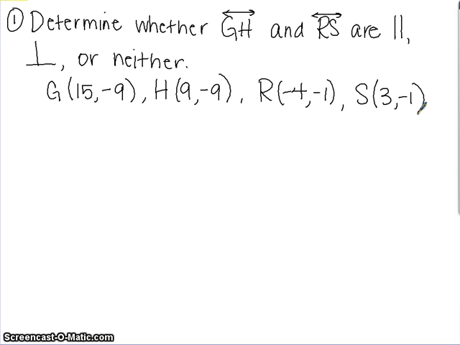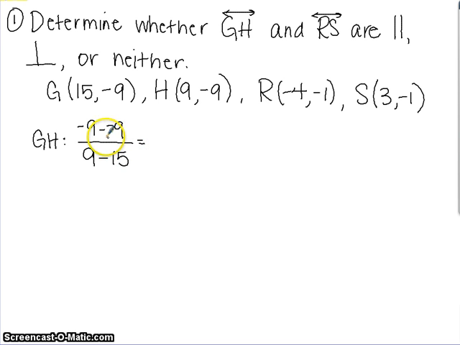Okay, so what we're going to do is compare their slopes and see what we get. If they're the same, we know they're parallel. If they're opposite reciprocals, we know they're perpendicular. If they're no relation whatsoever, then we know it's neither. Okay, so let's practice this. So the slope of GH, all right, y2, -9, minus y1, -9, over x2, 9, minus x1, 15.